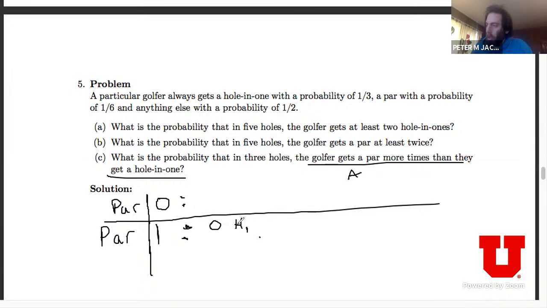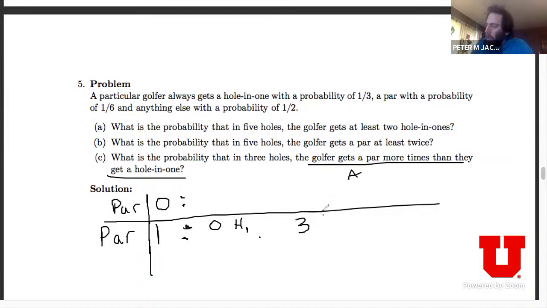Well, we have to select a hole for them to get their par in. And then if there are no holes in 1 and there's 1 par, they had to get the anything else category in the other 2 holes. So there are 3 ways to select the hole where they got the par.